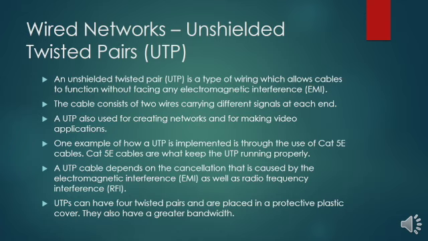An unshielded twisted pair could have up to 4 twisted pairs, and they are covered by a plastic cover. Unshielded twisted pairs also have a great bandwidth, which helps for transferring data and making it responsive and fast.